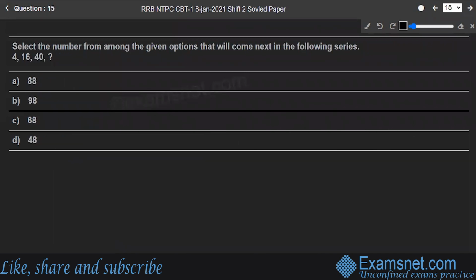Next one. Select the number from the given options that will come next in the series. So basically, you have to find out what will come at the place of the question mark. The series is 4, 16, 40. Using the same logic, what will come next? If I multiply 4 by 2, then add 8, that is 8 plus 8, 16.